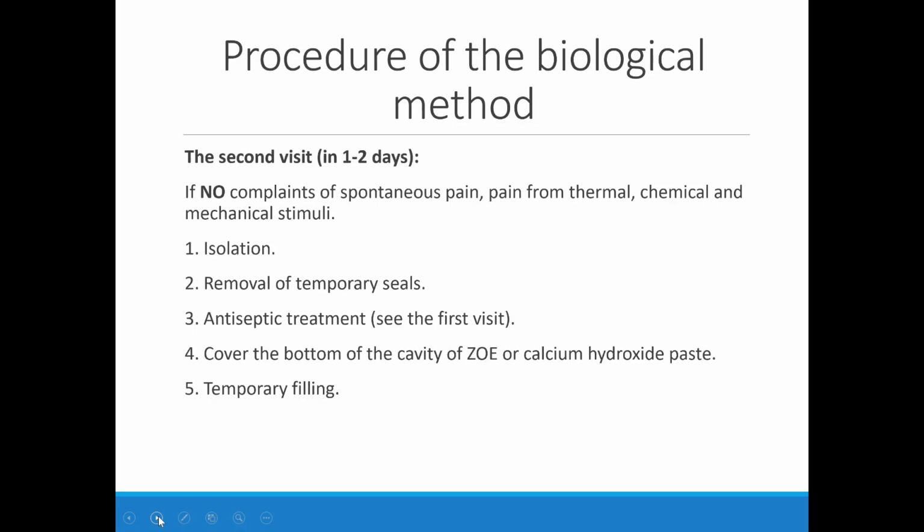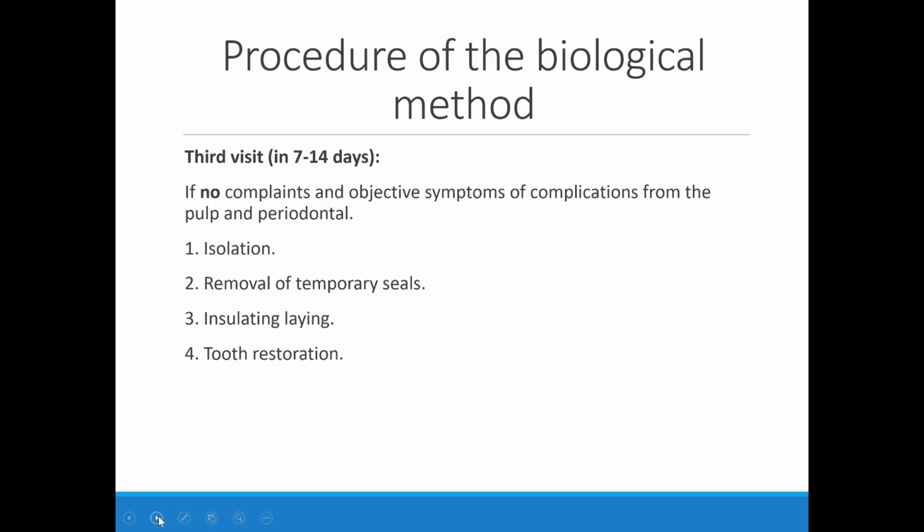If the patient has no complaints of spontaneous pain from thermal, chemical and mechanical stimuli, we perform isolation, removal of temporary seals, antiseptic treatment like in the first visit, cover the bottom of the cavity with zinc oxide eugenol cement or calcium hydroxide paste, and temporary filling. And third visit in 7-14 days.